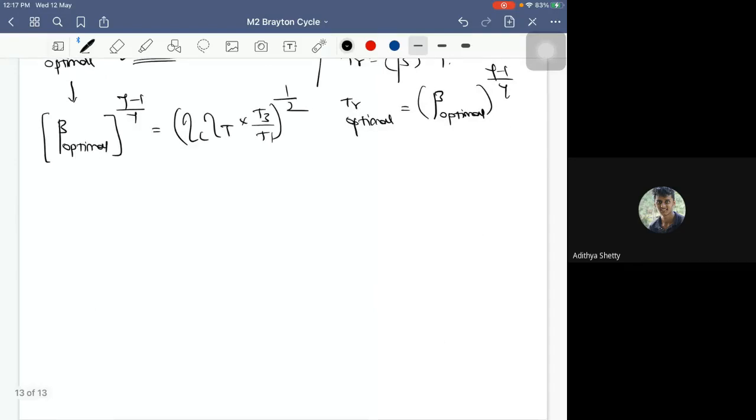What should we do for the last final expression? Beta optimal is equal to efficiency of compressor, efficiency of turbine into T3 by T1, what can we write it as?